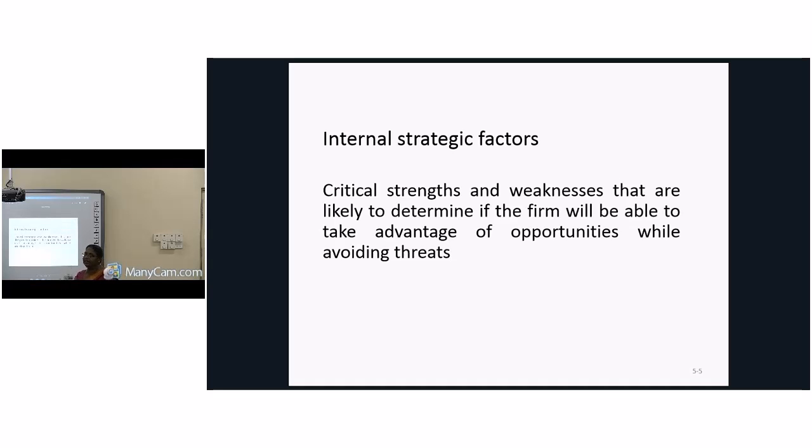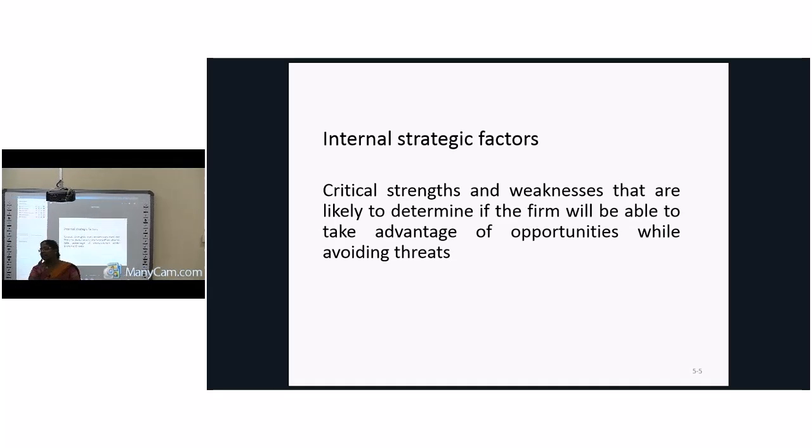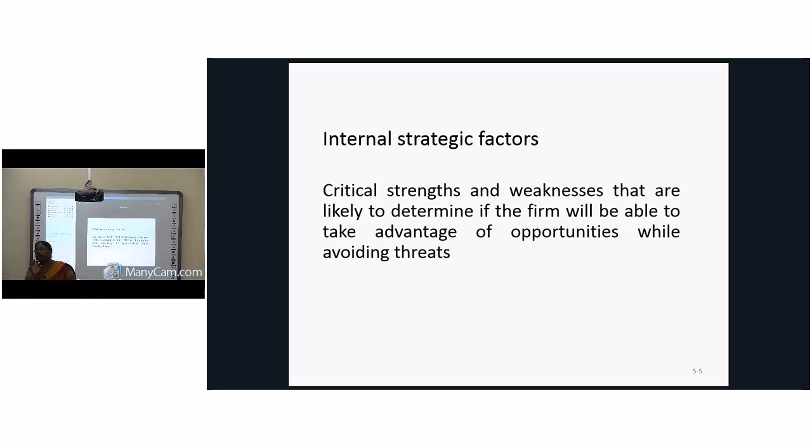These are weaknesses, and also you are weak in avoiding certain threats. So that is also the role of strengths and weaknesses. Strengths and weaknesses are critical when they affect taking opportunities and avoiding threats.